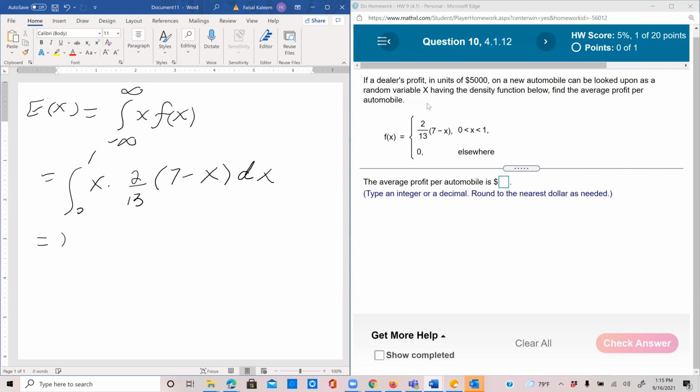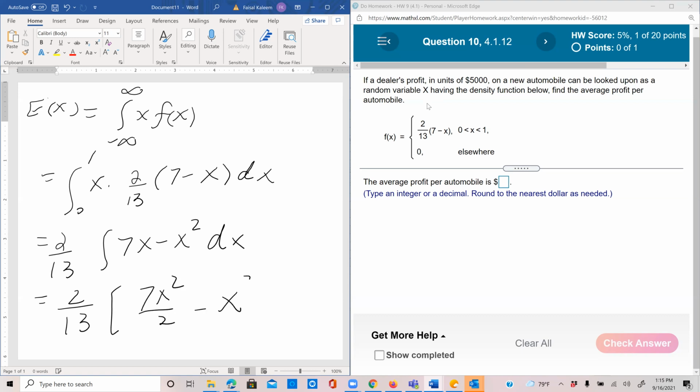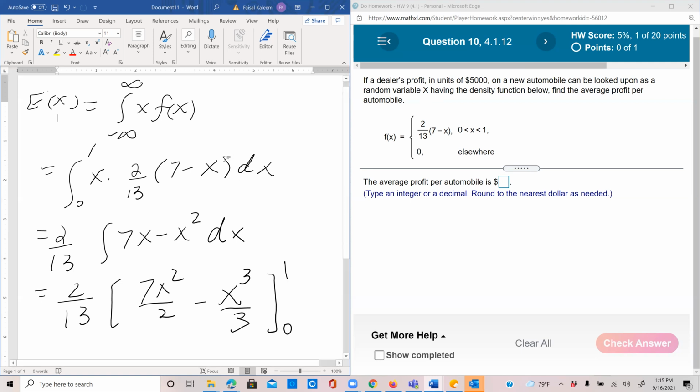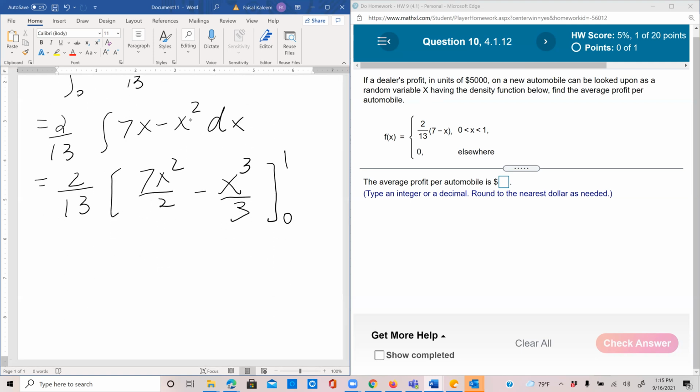So 2 over 13 can be pulled out, and we need to multiply it before integrating. So 7x minus x squared. And now the integral of that is 7x squared by 2 minus x cubed by 3, 0 to 1. 2 over 13 times 7 over 2 minus 1 over 3.